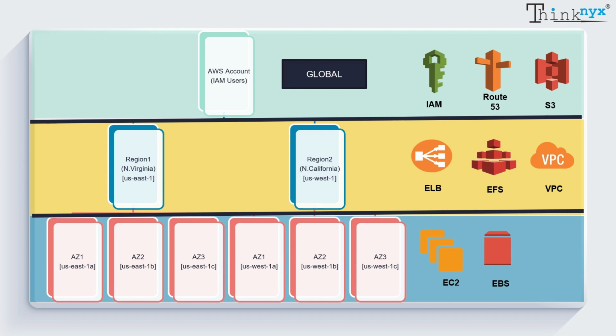EBS is a scalable, high-performance block storage service designed for EC2. Next one. If we launch AWS resources such as an EC2 instance into a specific subnet, by launching EC2 in a specific availability zone, we can protect our applications from the failure of a single zone.